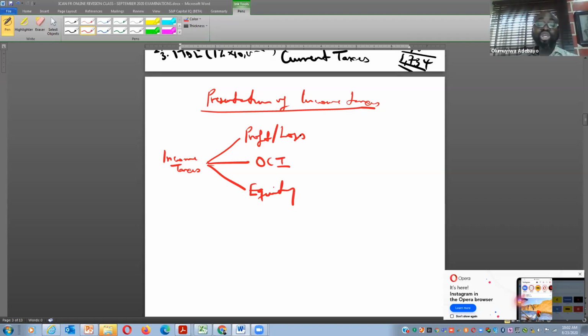Which then means that you don't close your eyes to say every amount of income tax, you report it only in the income statement. No. You must be able to attribute it to the portion which is much more significant that goes to profit or loss, the portion that goes to OCI, and the portion that might likely affect equity, which is very rare. And that's why for the equity section, I'm going to asterisk it much more. Because in the equity section, such impact is usually arising from a business combination.